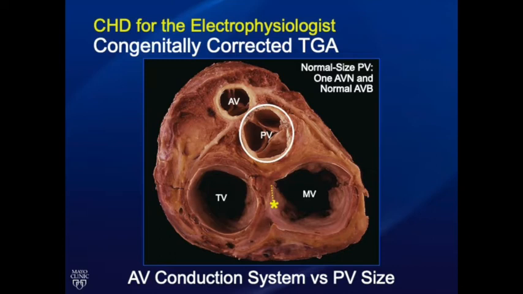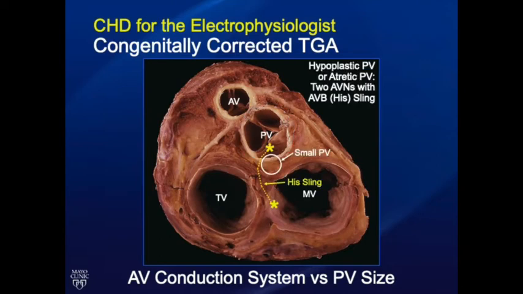With a normal size or enlarged pulmonary valve, typically there's only one AV node and a normally located penetrating bundle. And that normally located AV node is in the mid-septal region below the plane of the pulmonary valve. So very similar to normal.